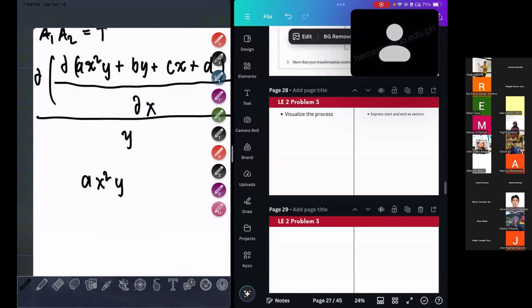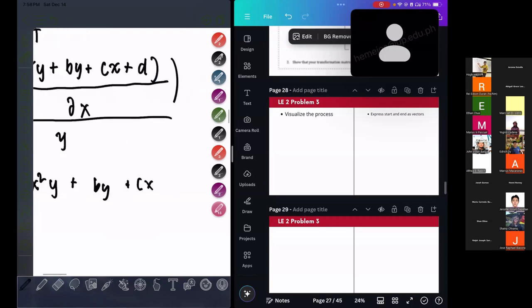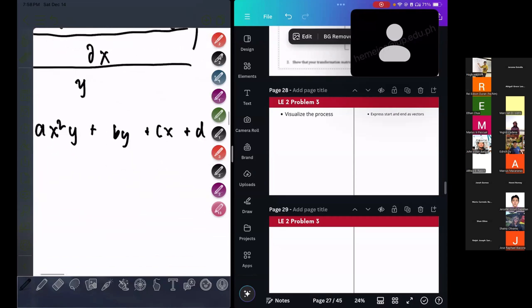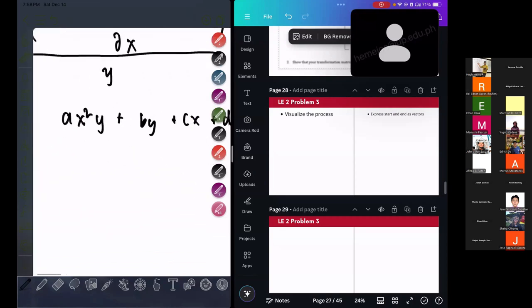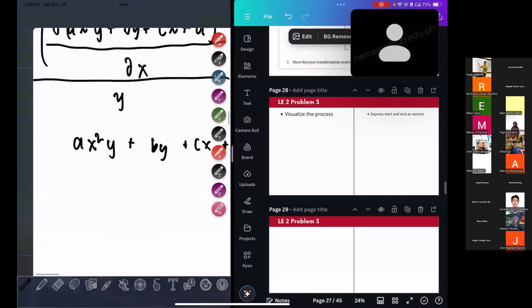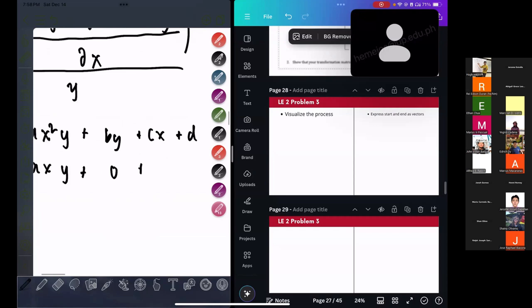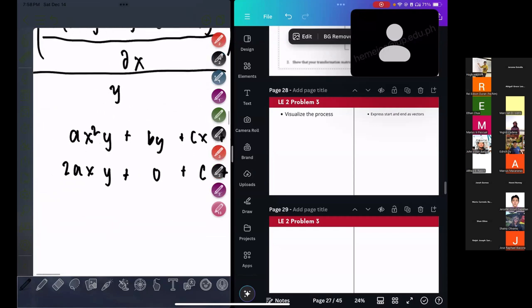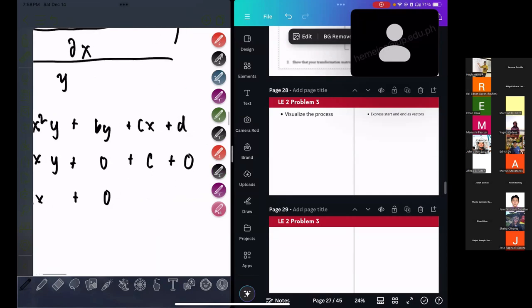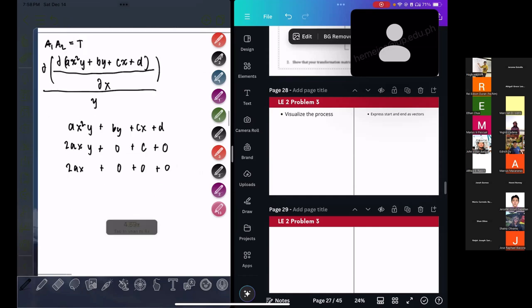This is the original, by plus cx plus b. And then we differentiate with respect to x first. So it becomes 2axy. At this point, we're not doing anything technical yet. We just want to see what it looks like. And then 2ax plus 0 plus 0 plus 0.